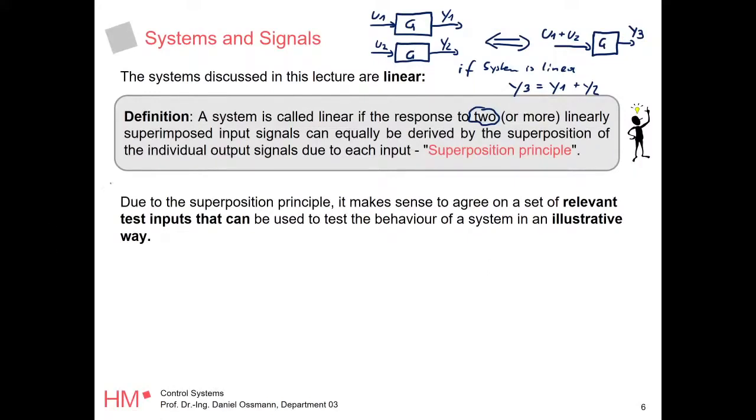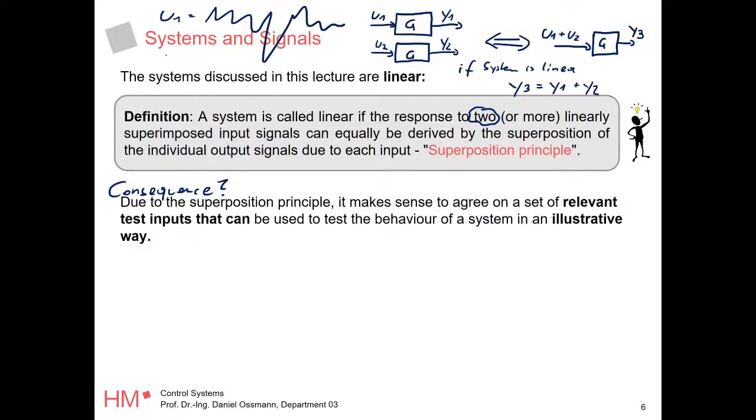But what's the consequence here? So what's the consequence for us now? Why do I bring this? Well, the consequence is that we don't need to take a look at very complex input signals. We don't need to say, okay, my U1 is going to be this one.